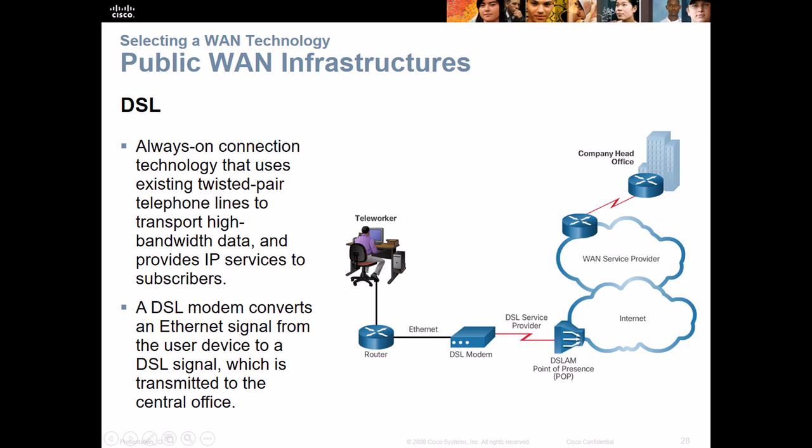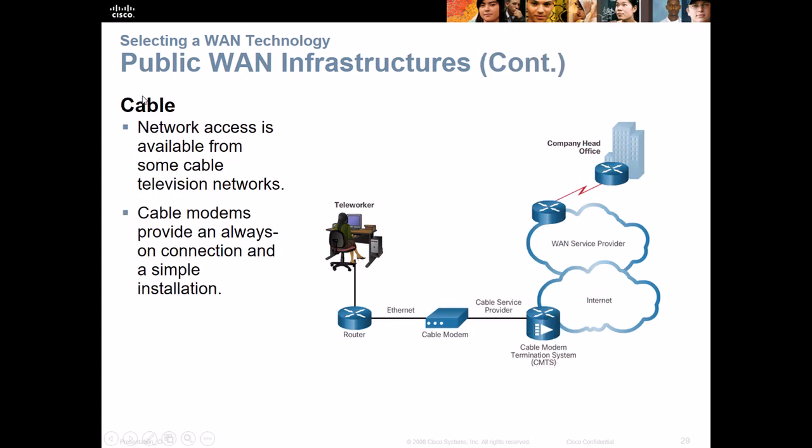Okay. But now DSL in the Northeast has been replaced mostly by FiOS. And if FiOS is not available in your area, your only choice is either DSL or cable.